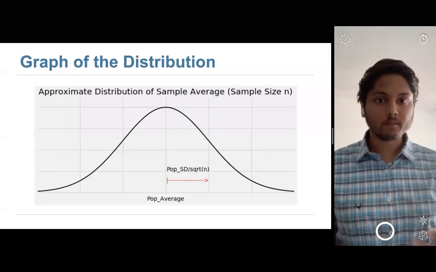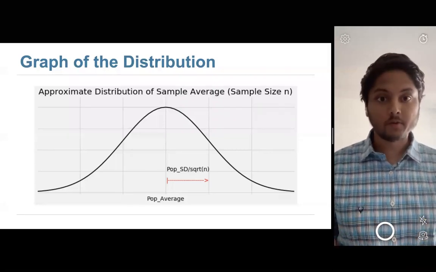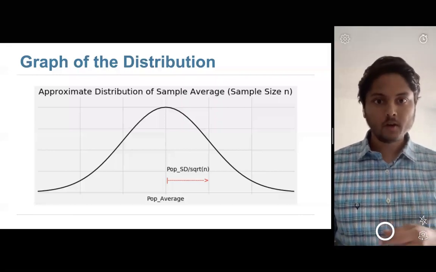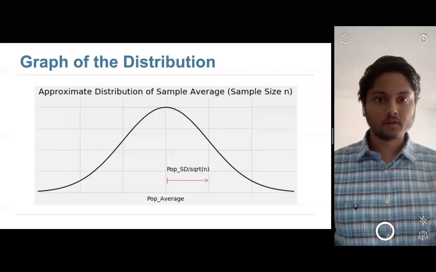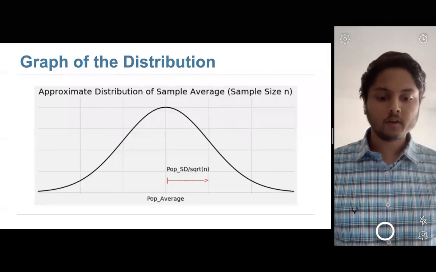What's cool about sample averages is that we don't even have to use bootstrapping. We can just use the normal distribution, because we know that our sample average is roughly normally distributed. Sample average is that one statistic where you can assume the distribution is roughly normal, so you don't have to do any of the bootstrapping here.